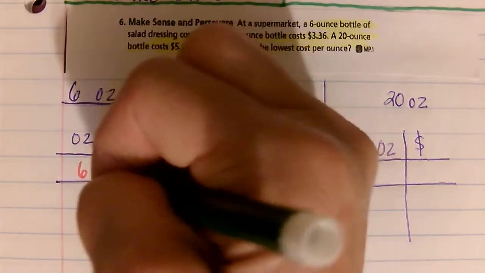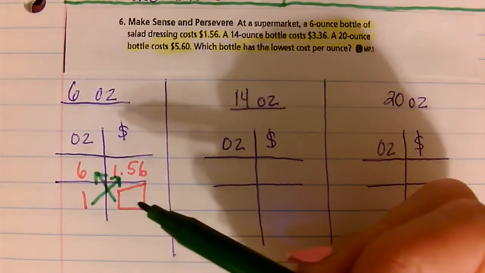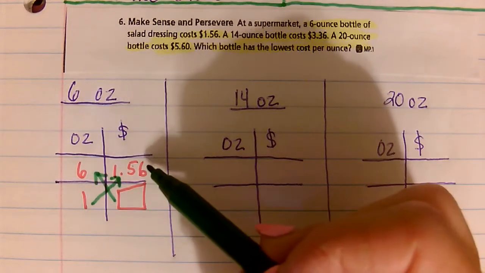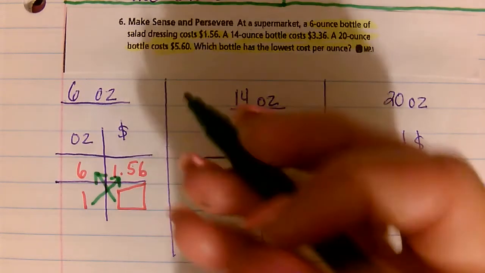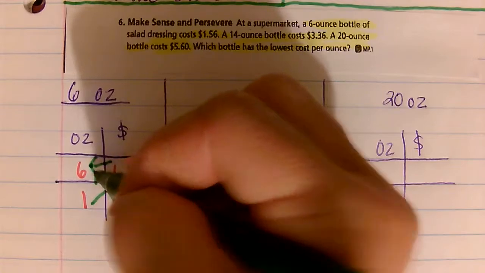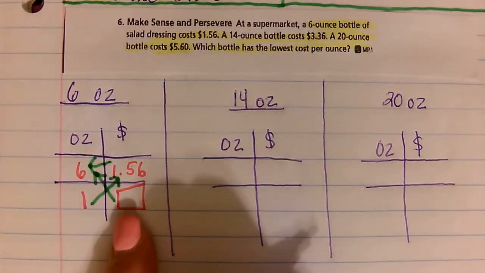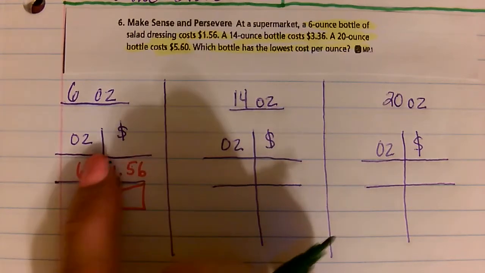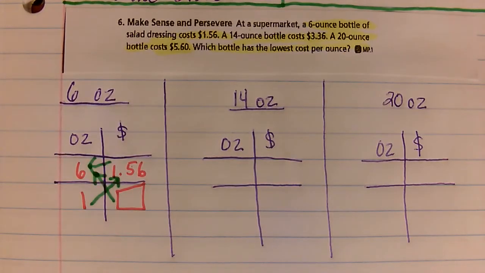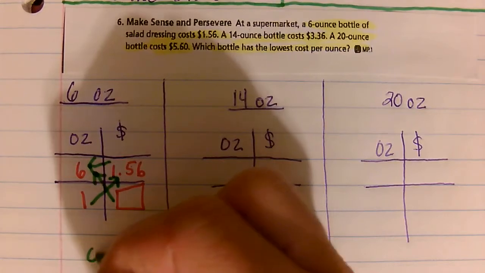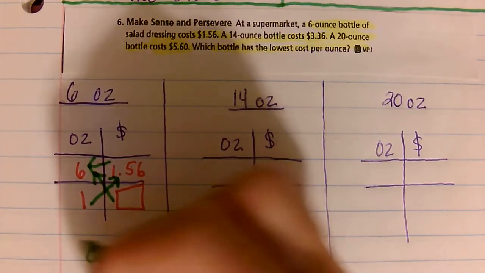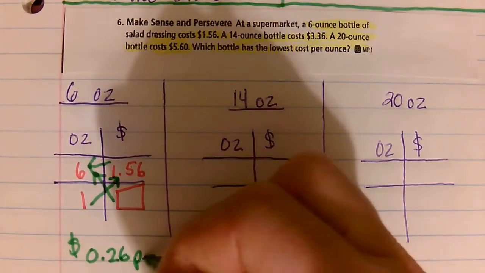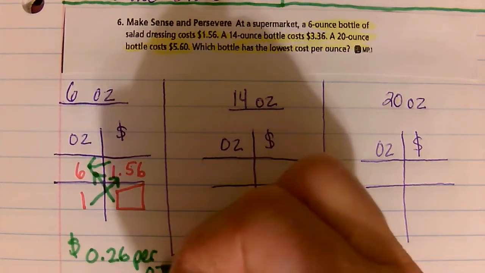Multiply your diagonals. So I would go 1 times $1.56, and then I would divide 6, because this is what we don't have information for yet. 1 times $1.56 is $1.56. Divide 6, and we get 26 cents per ounce. Okay?